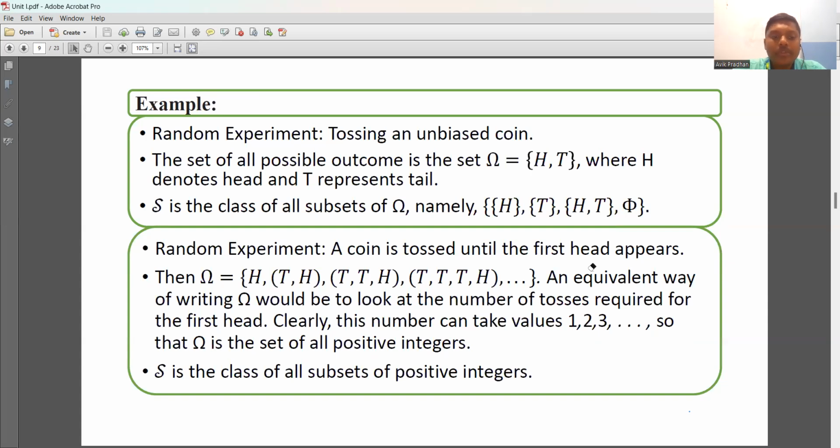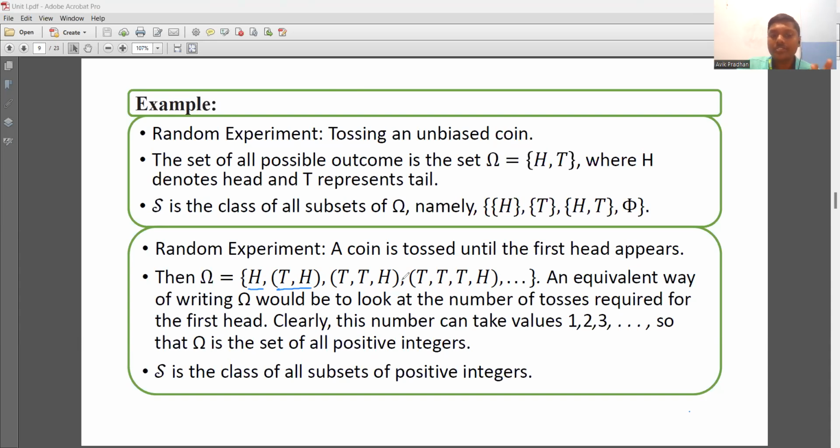In the second example, if I consider the experiment of tossing a coin until the first head appears, then the set of all possible outcomes consists of first head. That can be one possible outcome, that means in the first toss I got the head and the experiment stopped. Whenever we get the first head, we stop the experiment.